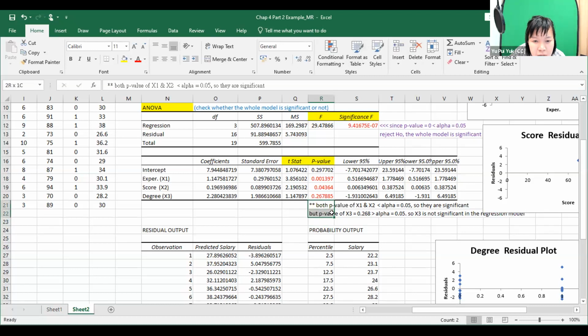Let me also highlight these two results.